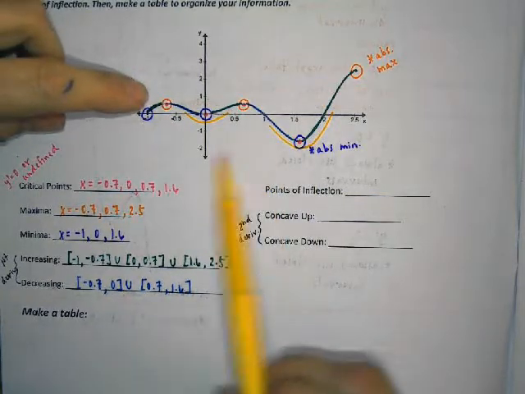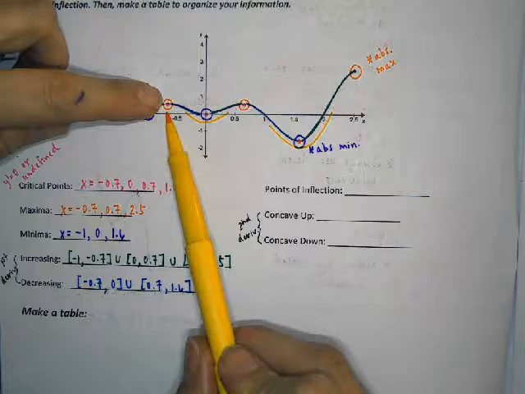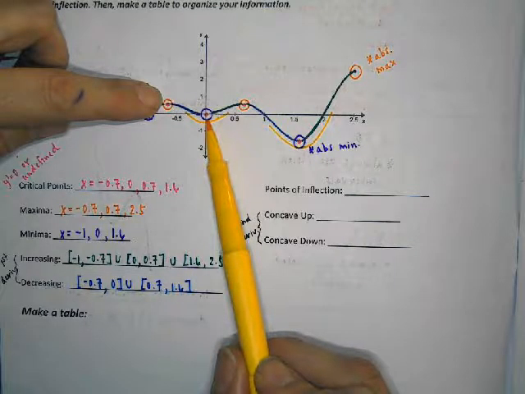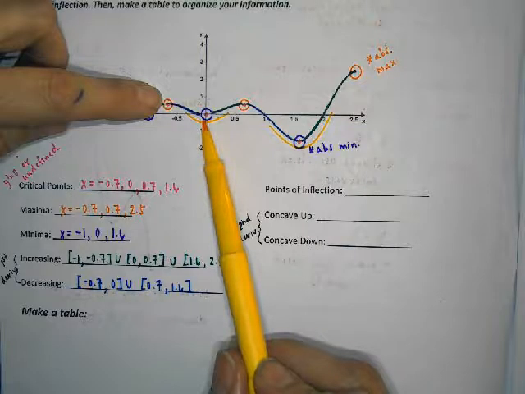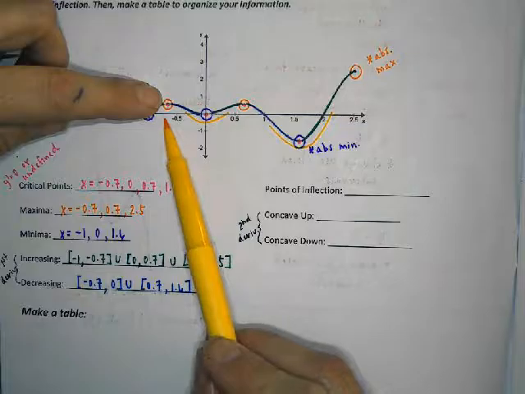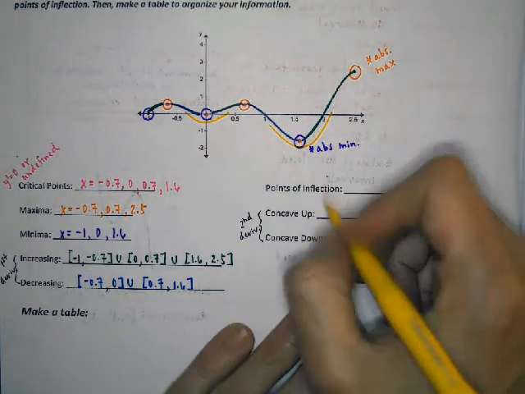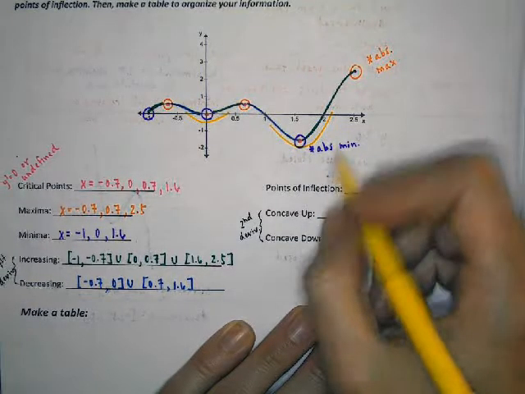And now when I'm estimating these intervals, I know that I changed concavity in between this point, which we said was negative 0.7, and here, which was x equals 0. So I'm just going to call that where that change happens about halfway through. So this is negative 0.7, so I'm going to say at about negative 0.3, we'll call that.